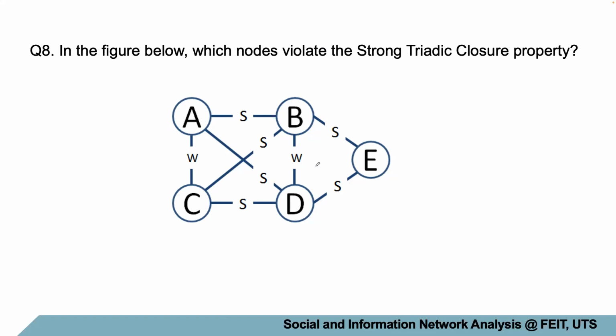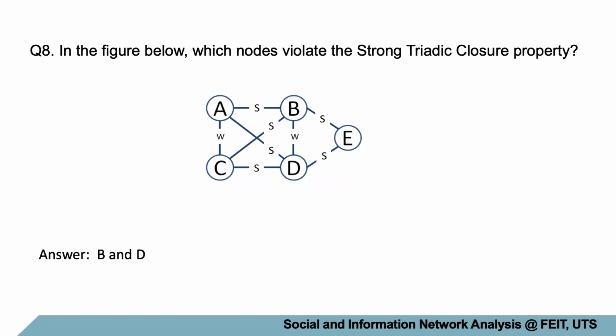What's the point you don't understand? The answer is B and D. Is there any part you don't understand? For example, why B violates the strong triangle closure? I tried to understand it, but I can't wrap my head around it.